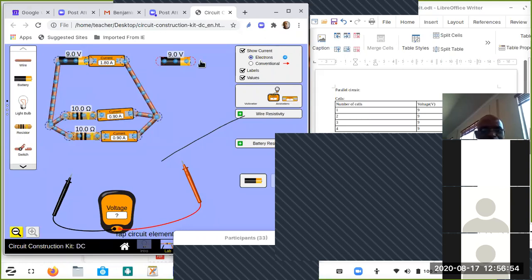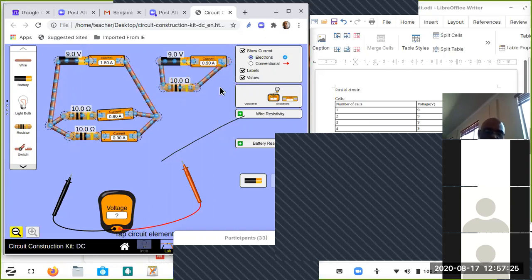In that setup, I must have a resistor that will allow 1.8 amps to flow through it. We are trying to find one resistor that produces 1.8 amps, right?